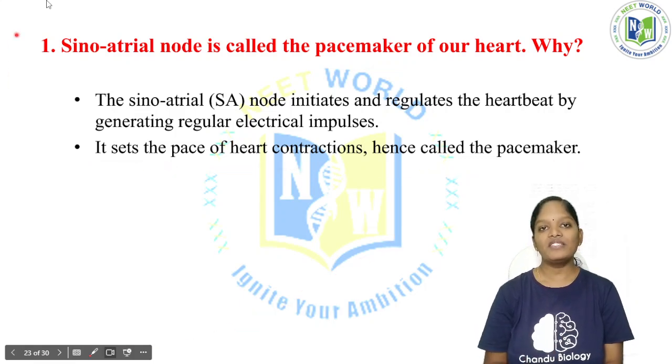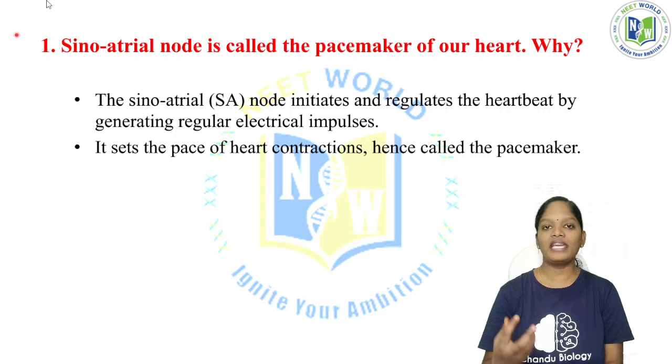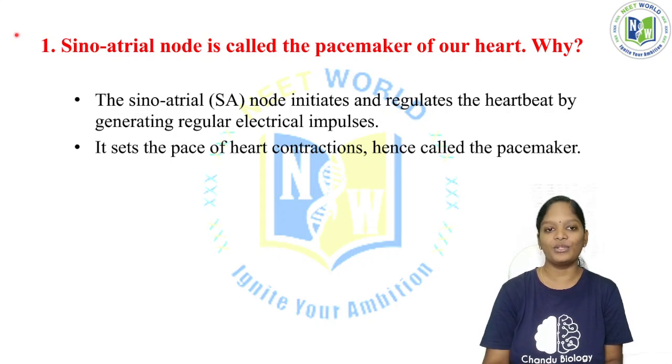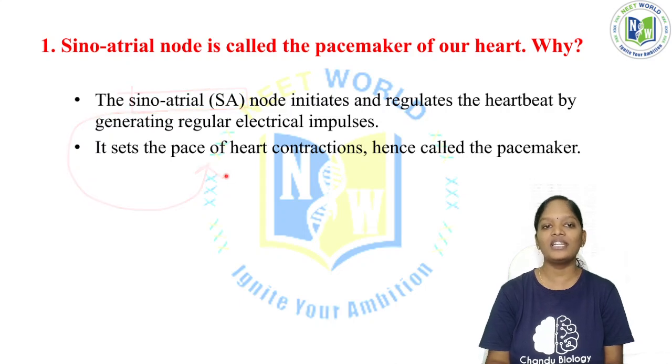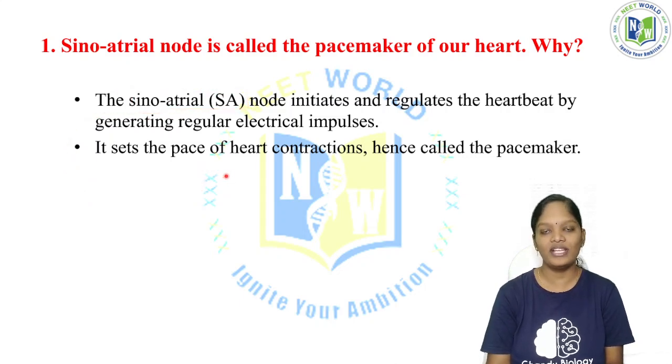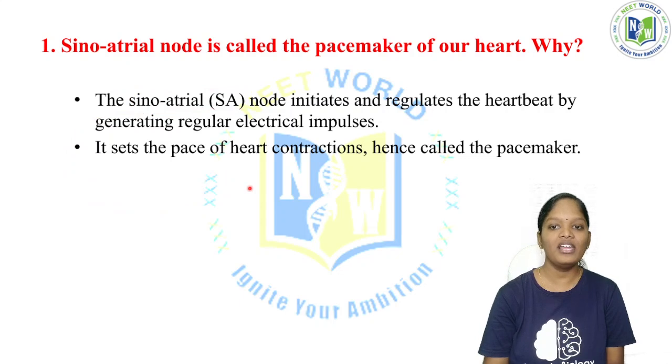It sets the pace, which means when it has to contract and when it has to relax. The time gap between contraction and relaxation, the rhythmic contraction and relaxation, is the pace of the heart. So the sinoatrial node is the one setting the pace of heart contraction, and that is why we call the SA node the pacemaker of our heart.